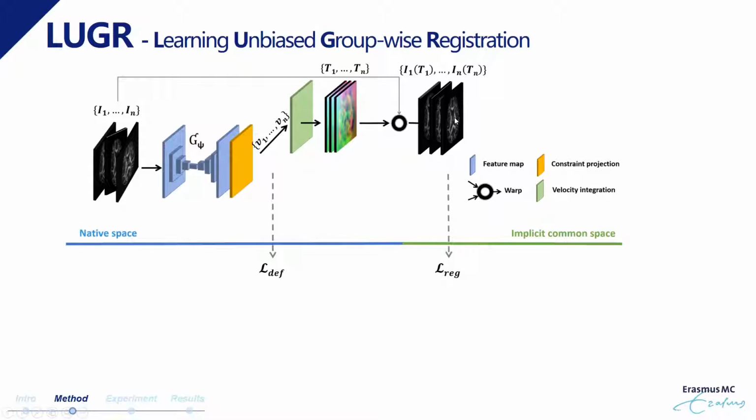We have to remember that this common reference space does not exist in the real world. It is in the implicit space determined by the given input group. With this mean space strategy, we eliminate the need and the bias of selecting the reference image.